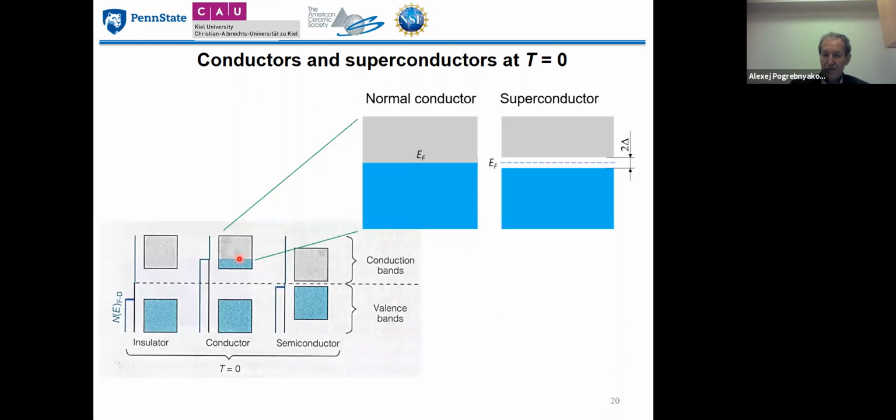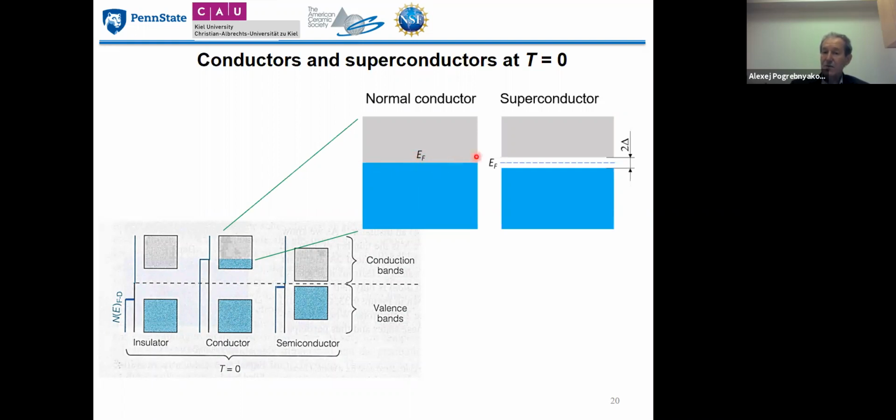So if you look at the metals, the normal conductor, electrons occupy energy levels in the conduction band up to some maximum energy, which is called the Fermi energy.